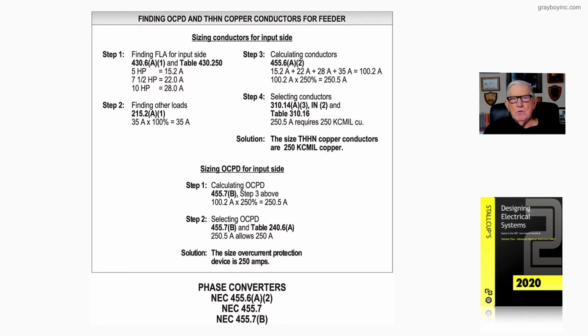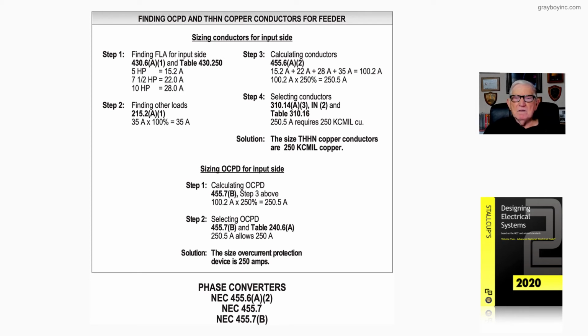Again, our golden rule that we've always called it in 310.14(A)(3) informational note 2 and Table 310.16 as well. When we look at the 250.5 amp calculation, we would need 250 kcmils on a 250 amp overcurrent device.